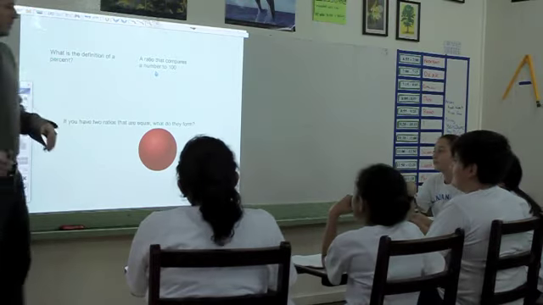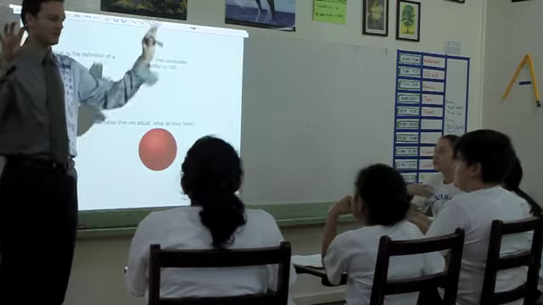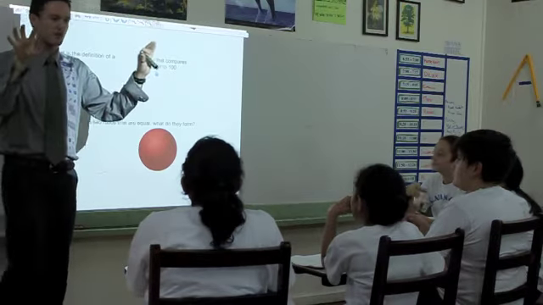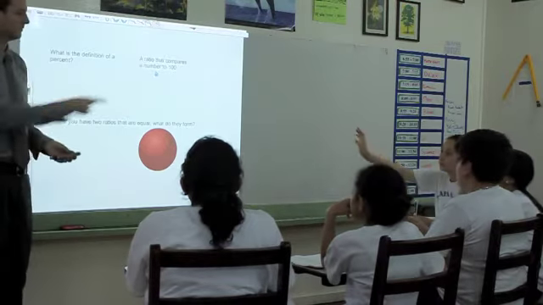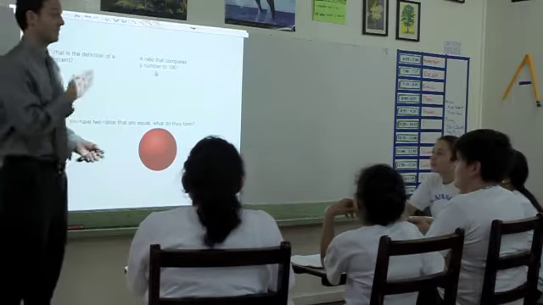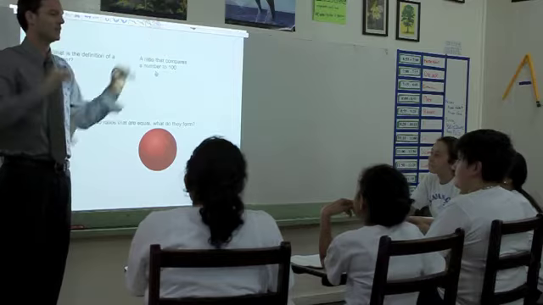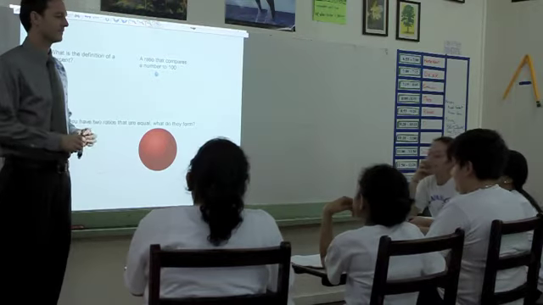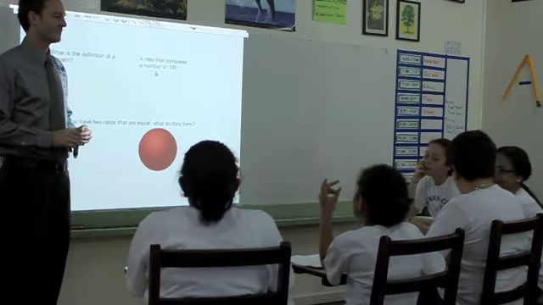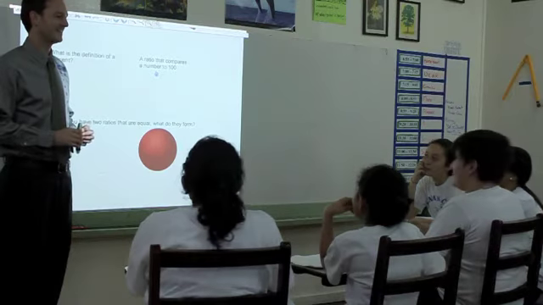If you have two ratios, so you have one ratio here and you have another ratio here, and they're equal, what do those form? They would be equivalent fractions, absolutely. And what do you call two equivalent fractions when you're talking about ratios? Dig deep. It's in there.